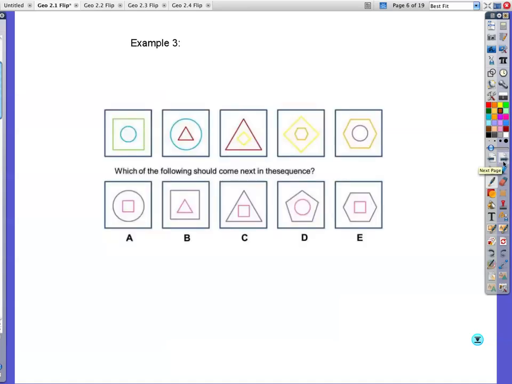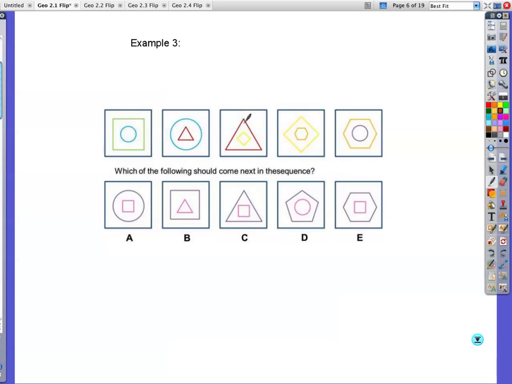Okay, example number 3. I've got 5 up here on top, and I have to pick from one of these which one is going to be next. This one goes from easy to super complicated. Inside each square, you need to look and probably say the words in your mind. We have a blue circle with a yellow square on the outside. Red triangle with a blue circle on the outside.